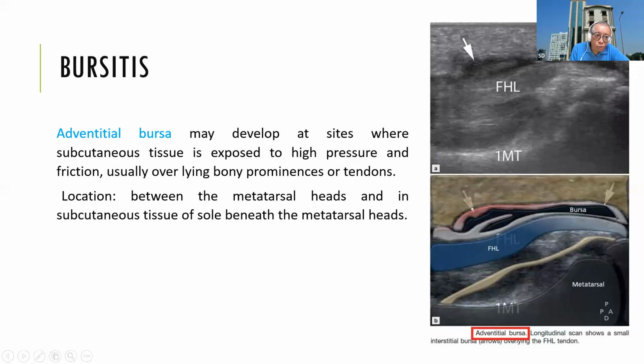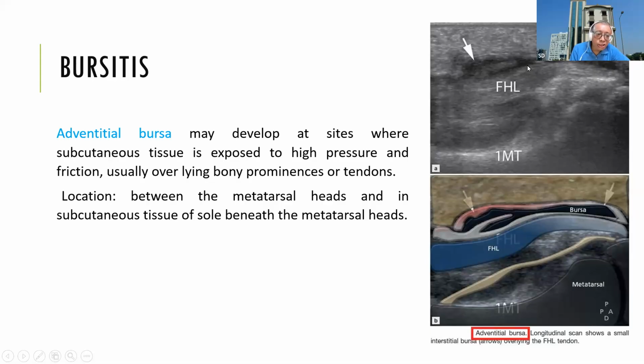Because this area of the foot is exposed to high pressure, there is a chance of bursitis. So this is called adventitial bursitis, and it is located between the subcutaneous tissue and the flexor tendon of the foot.